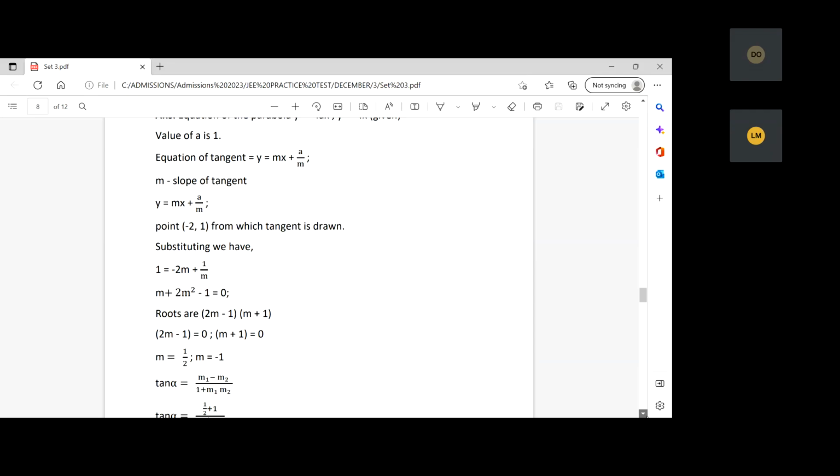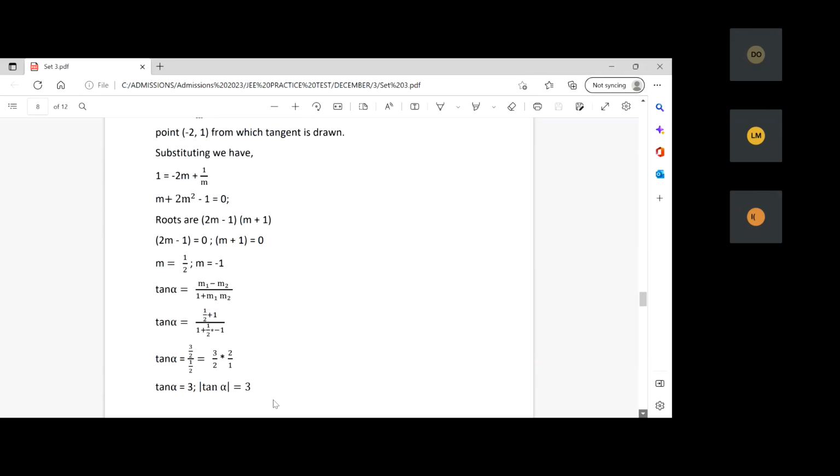So you have the value of both of them, 1 by 2 and -1. So this could be (1 by 2 minus -1) by (1 plus 1 by 2 into -1). It's just simple mathematics, you can solve it, and you can have the value as 3. Tan alpha is equal to 3.